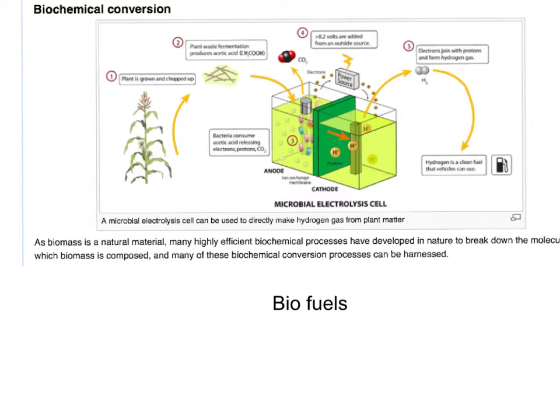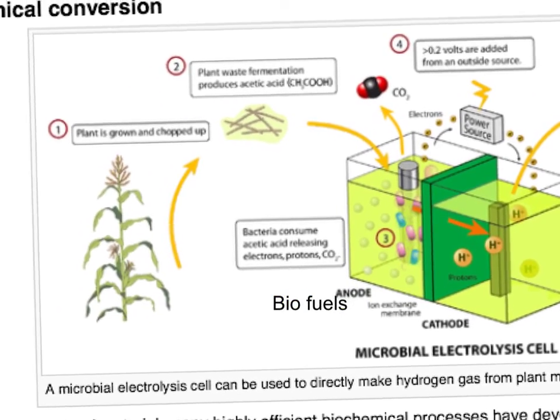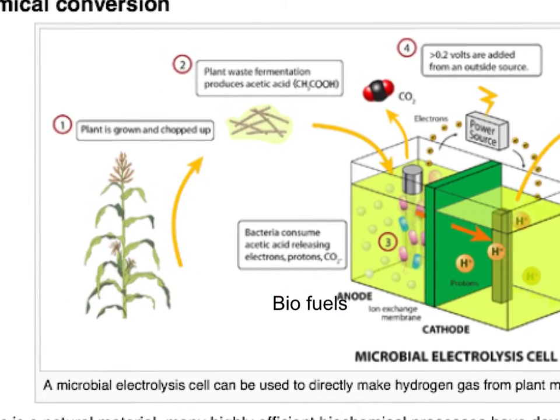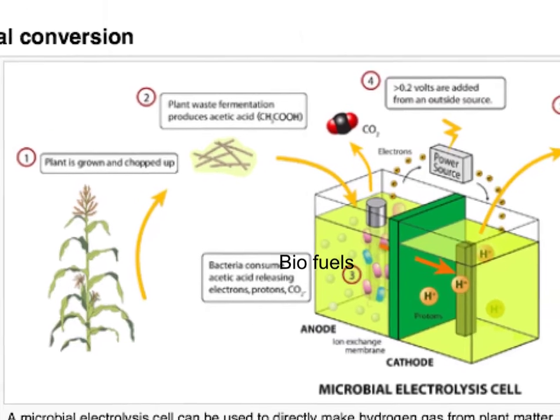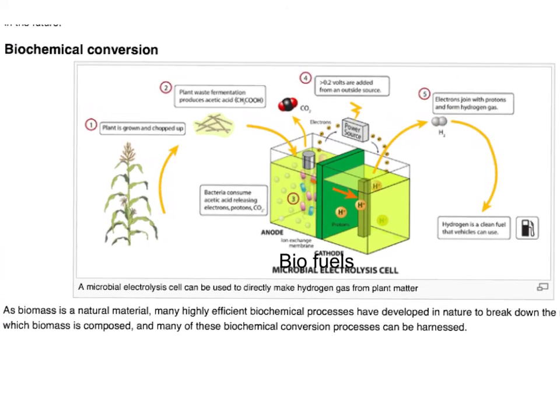Here's another example I found. This is biofuels. In a nutshell, this basically explains how biofuels are made. And obviously biofuels come from plants. So here's the corn that is grown, and once we grow the corn, we move this through the process of converting that corn into a type of fuel that we can use.